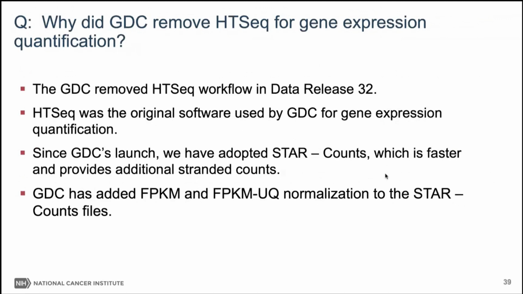Since the GDC's launch, we've adopted the STAR counts pipeline, which is faster and provides additional stranded counts, whereas HTSeq only provided unstranded. I think there are ways to set it to do stranded, but STAR counts was much easier. The GDC, to make up for the missing FPKM and FPKM upper quartile normalization, has added these columns to the STAR counts file so that they are present.